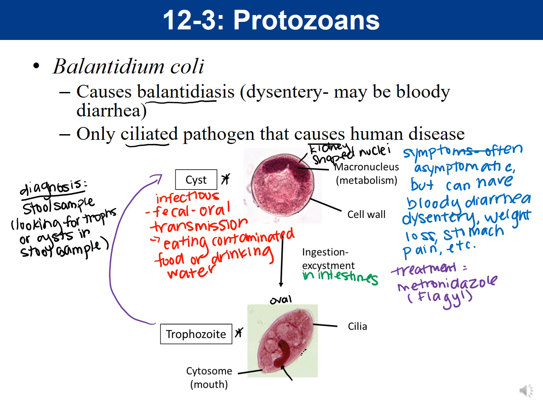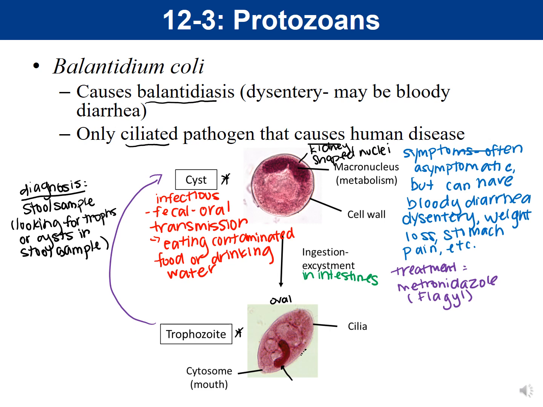And so one of the things that you really want to think about when you're studying these protozoans is to try and see the things that they have in common. And that is Balantidium and Entamoeba histolytica have a lot in common. And that's because they're both transmitted by fecal-oral transmission.